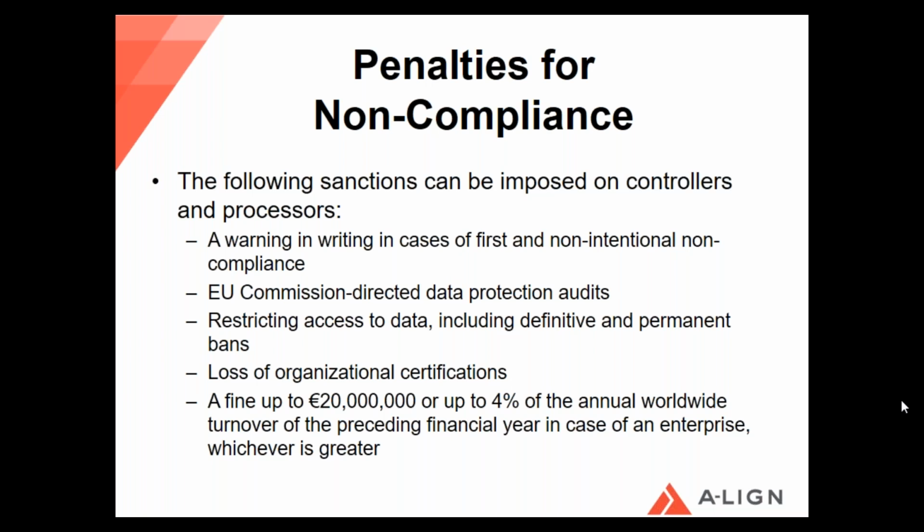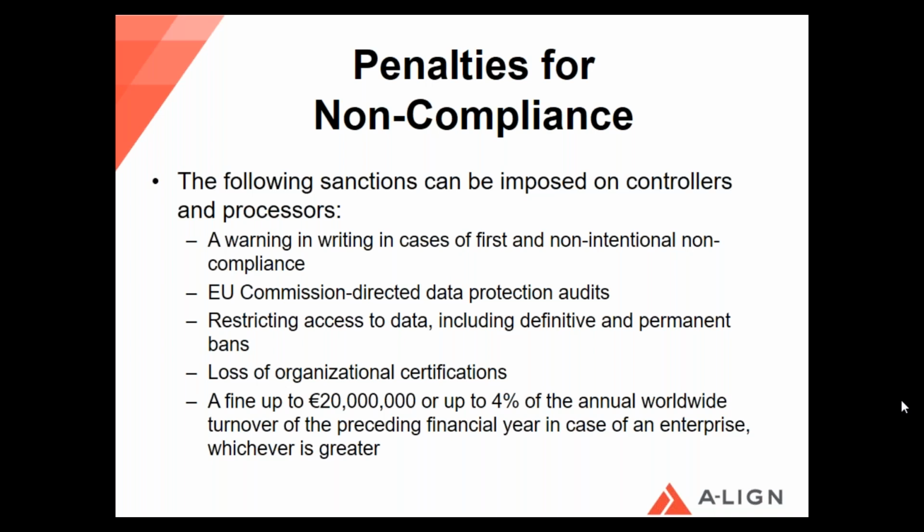Two would be EU Commission-directed data protection audits. So first violation, being you're found that you're not in compliance, you'll be warned in writing, basically, and given the option to remediate. Two, periodic audits related to data protection.